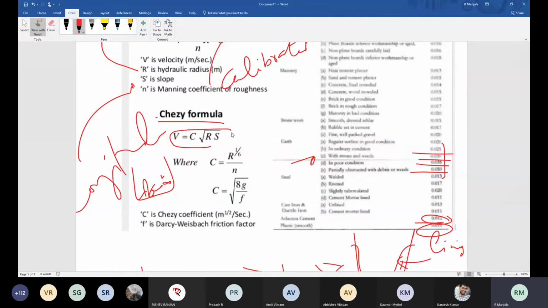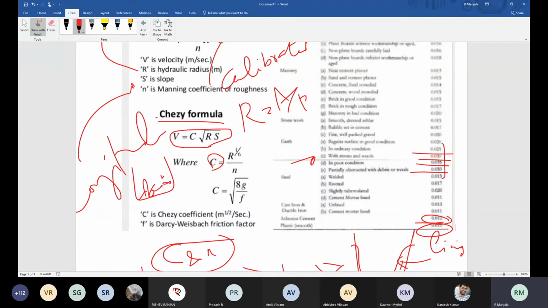the formula is V is equal to C times square root of RS. Now C is the coefficient, Chezy's coefficient, and R is the hydraulic mean radius, R is equal to A by P. And normally C and N are related. I think this derivation we have seen last semester in hydraulics, in pipe hydraulics.